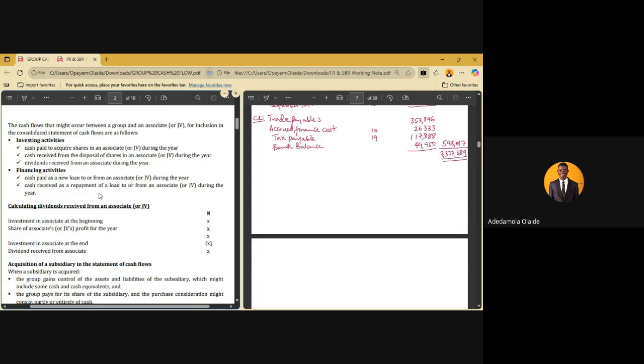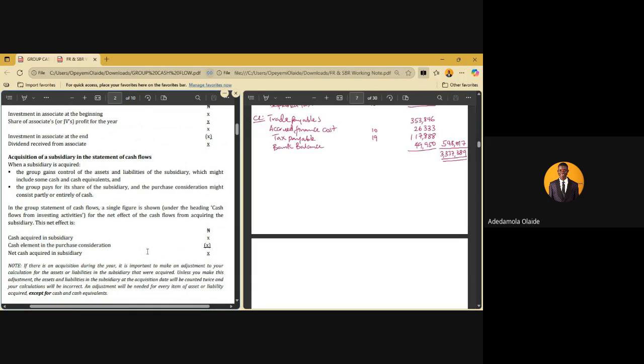We put the associate balance at the beginning of the year on the debit side of the associate ledger, the share of their profit on the same side, and the balance at the end of the year on the credit side, and with that we can determine the dividend received from the associates.